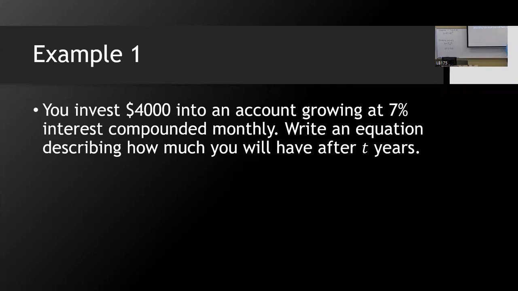Write an equation describing how much you will have, we'll call that A, after T years. So if we're gonna put in $4,000, growing at 7% compounded monthly.